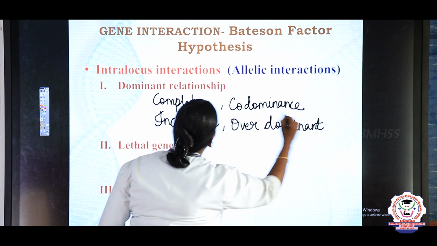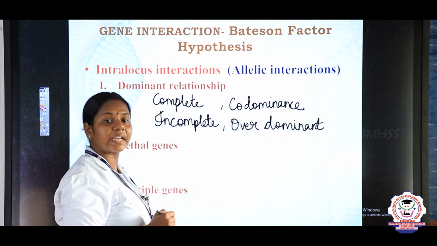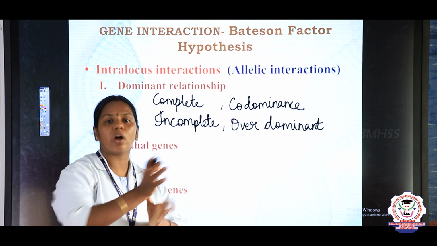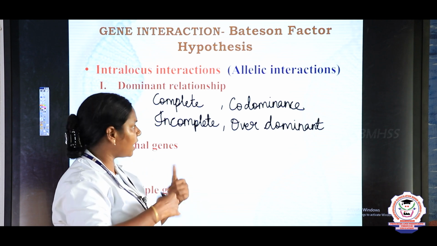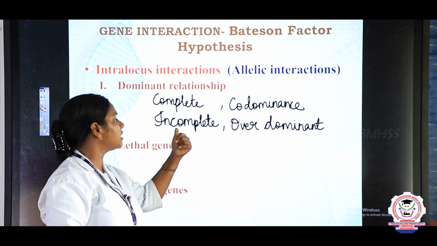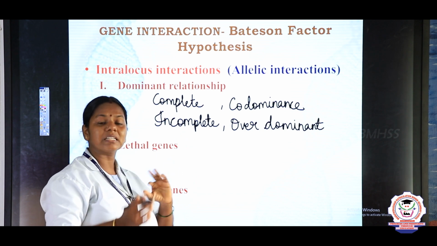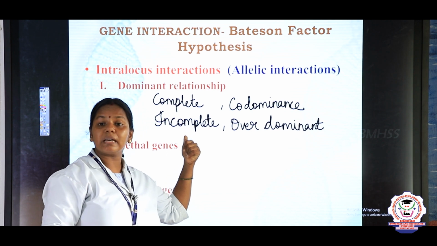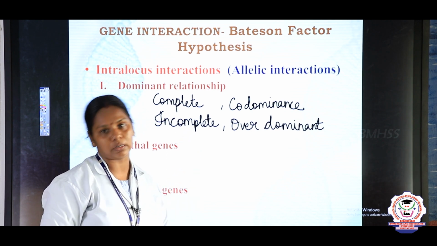For this, the example of complete dominance is what we studied, that is tall versus dwarf, right? One is dominant over the other. Now we are going to see the example of incomplete dominance, right? That is, one cannot dominate the other. We are going to see this in Mirabilis jalapa, that is the 4 o'clock plant.